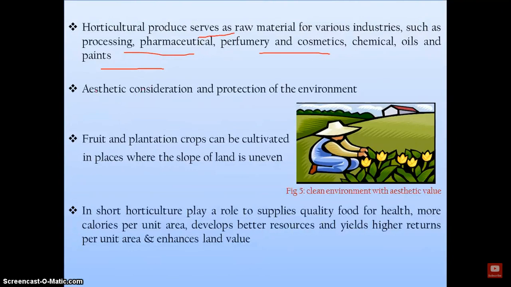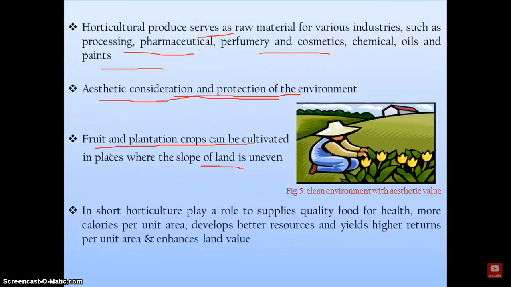Another important horticulture aspect is aesthetic conservation and protection of the environment. We know that horticulture plays a very important role in the beautification and protection of the environment. Next one is that fruits and plantation crops can be cultivated in places where the slope of land is uneven.